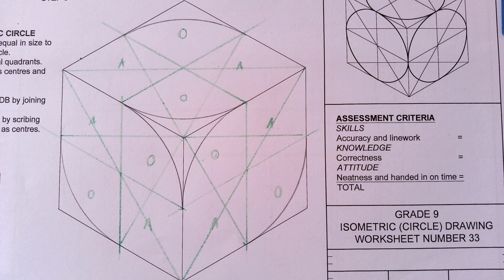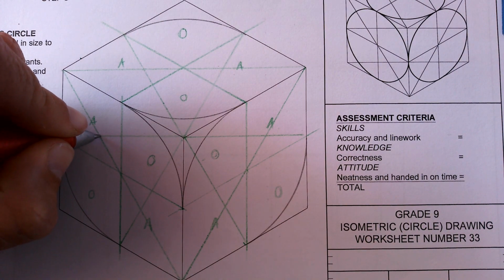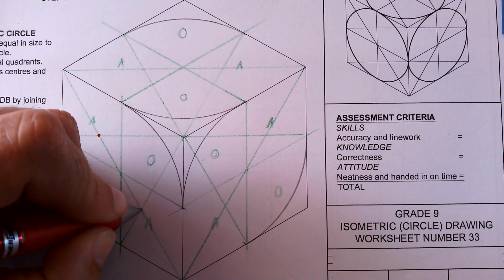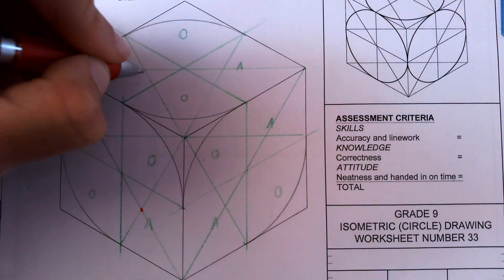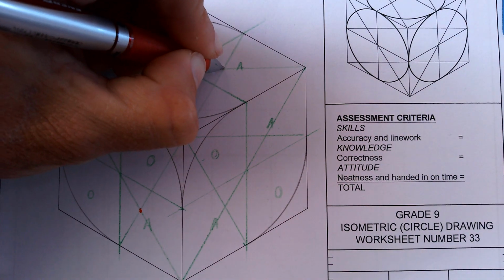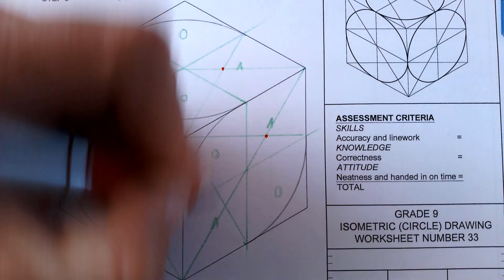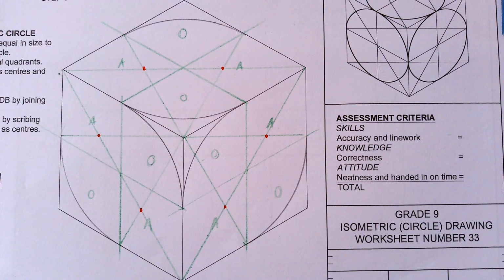Okay, now, gentlemen, where you see these intersecting points, I'm going to use a red pen to show you the points we're going to use. Where you see an intersecting point there, those points are going to be the points we use to construct the acute arc.